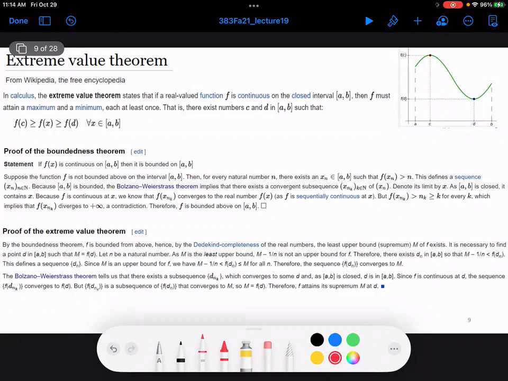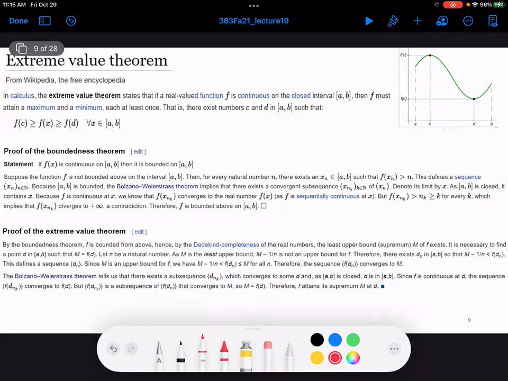One of the great advantages of a compact set is that if you have a continuous function on a compact set, it attains its maxima and its minima. One of the standard proofs is you first show that if you have a continuous function on a compact set, it's bounded, and then you go from the boundedness to it attains its extreme value. And again, you can always play the standard games. Assume that you don't attain your maximum.